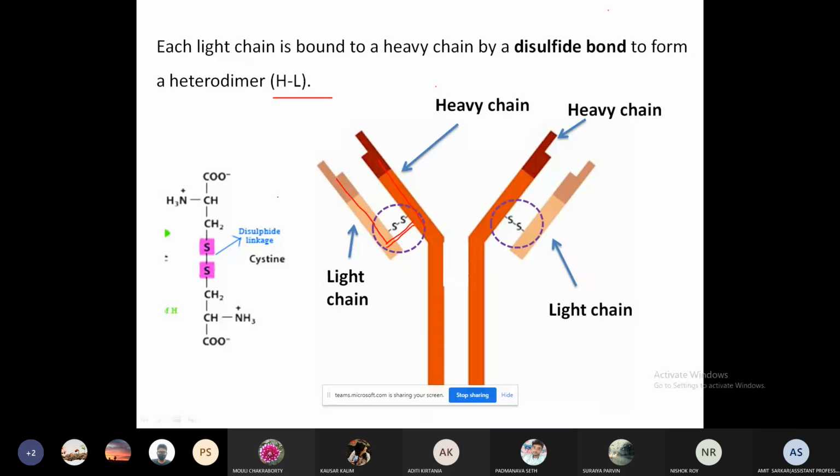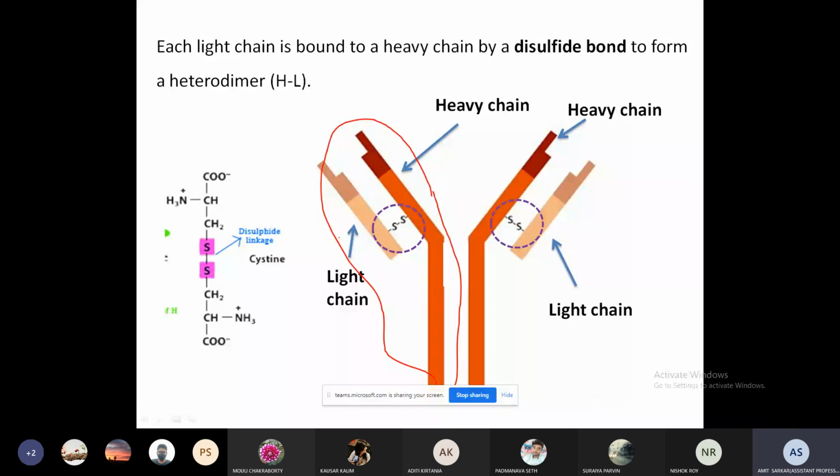It cannot be called a homodimer, because homo means the same, but the light chain and the heavy chain are two different types of molecule. One is different in its amino acid sequence, and the other is totally different. They are different in molecular weight as well. So one light chain and one heavy chain form a dimer, and the dimer is HL, heavy light.